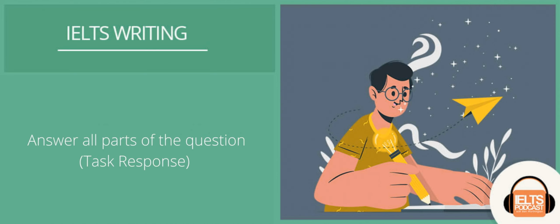It's full of C2 vocabulary, Band 9 vocabulary. It's eloquently written. It's all academic English. It's all hedged. It's got all these beautiful stylistic features. But it's the wrong essay. They've answered a question in their head rather than a question that's in front of them.